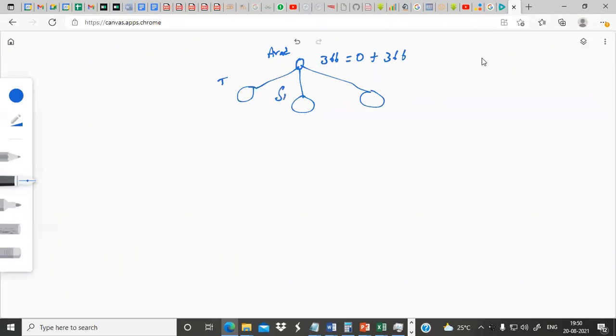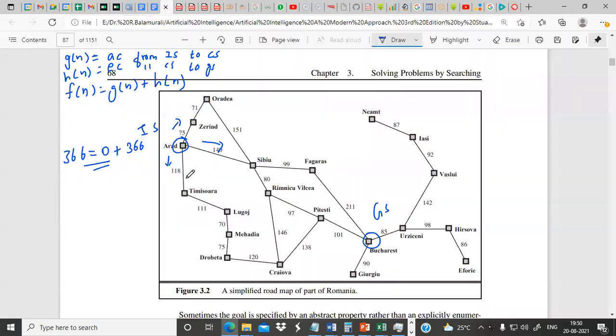Okay. So this is Timisoara. This is Sibiu. This is Zerind. I'm writing some short names. Okay. So what is the cost of reaching Timisoara? The cost of reaching Timisoara is 118. Sibiu 140, and Zerind, Arad to Zerind 75.